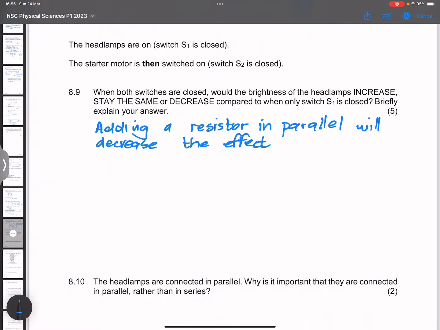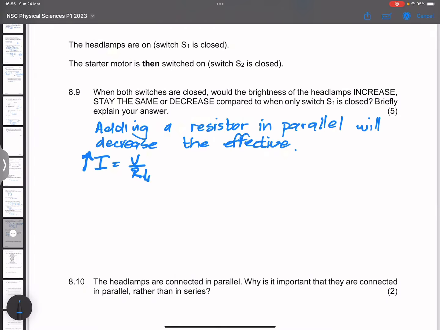So meaning the total resistance of the circuit, or you can say the resistance of the load, right? Now, in this case, what happens? We know that I is equal to V over R. So when I decrease resistance, what happens to current? Current will actually increase, okay?